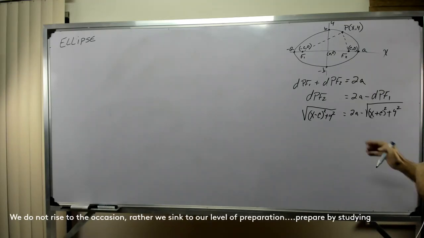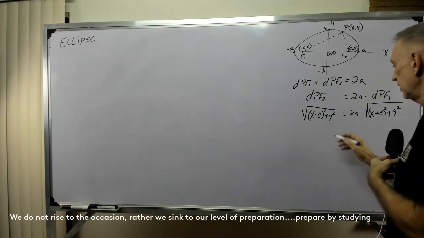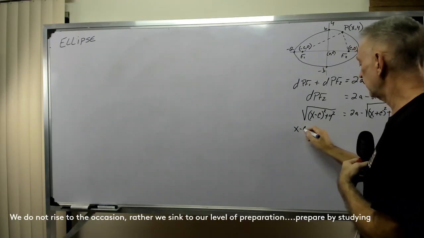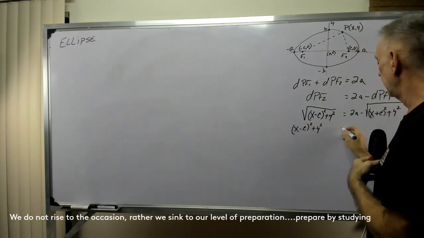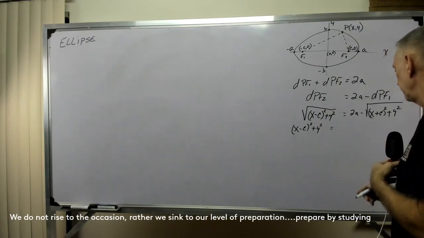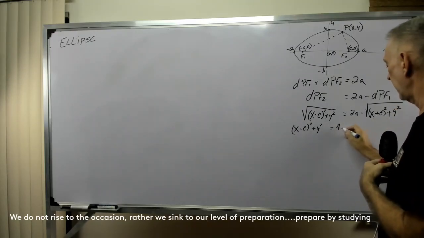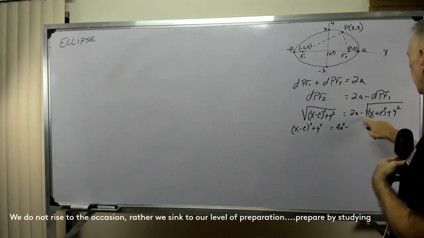Okay, so now I have these radicals here. Let me square both sides. So this radical drops, so I would have x minus c squared plus y squared, and that equals, I may scoot over to give myself a little more room, 2a times 2a gives me 4a squared, minus two of these guys.